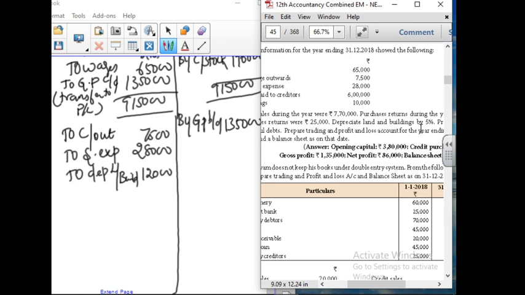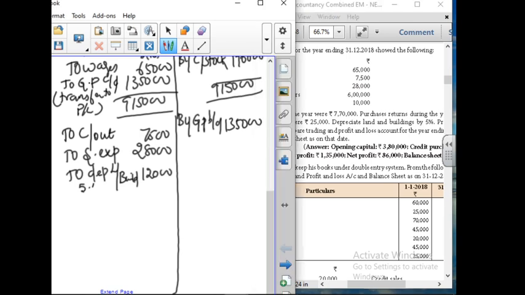So 5% you have to calculate on the closing balance only. Just look into what is the closing balance available for the land and building. It is 2,40,000. So 5% on the 2,40,000 you have to calculate, comes around 12,000.